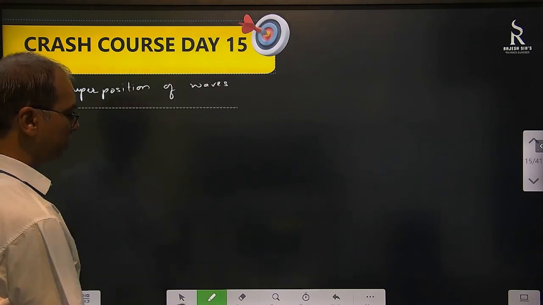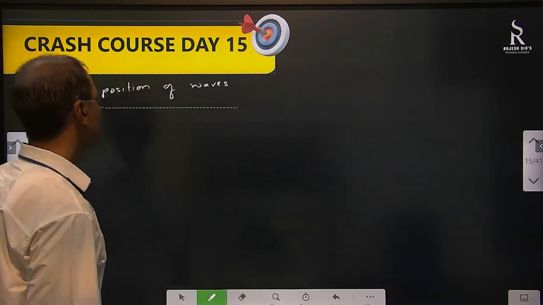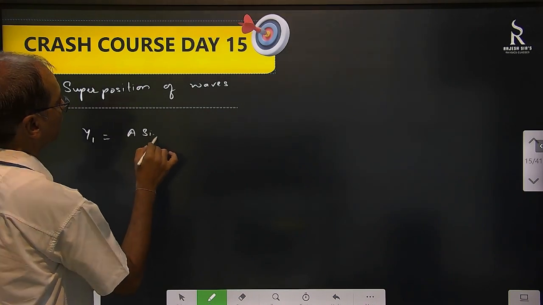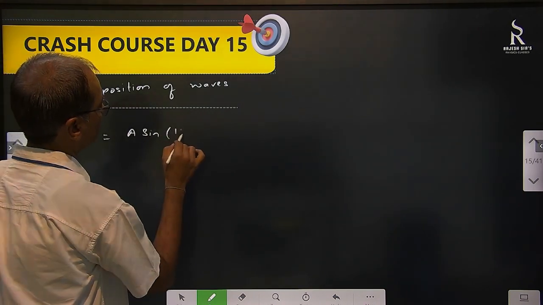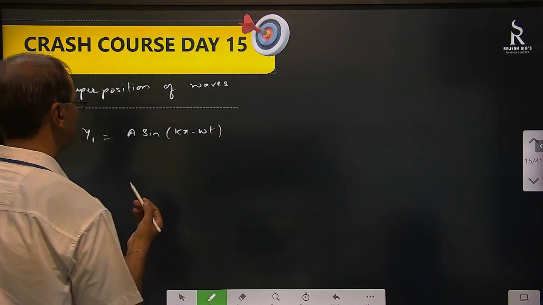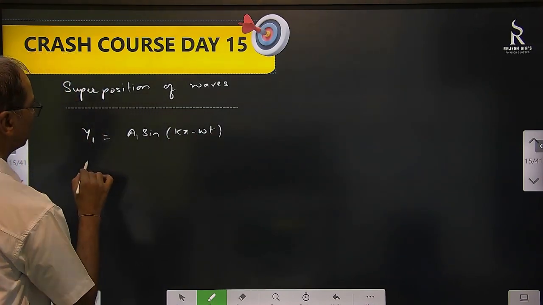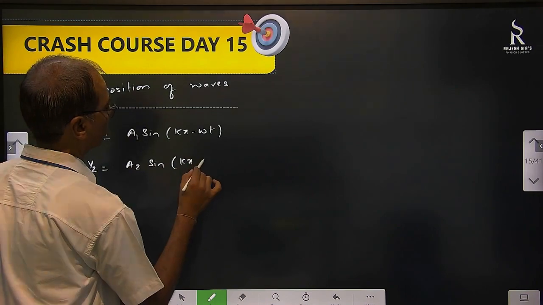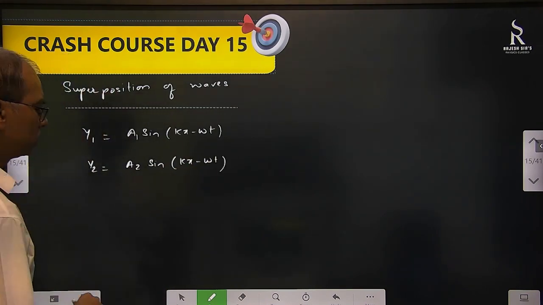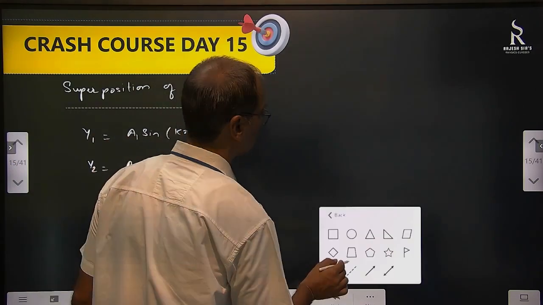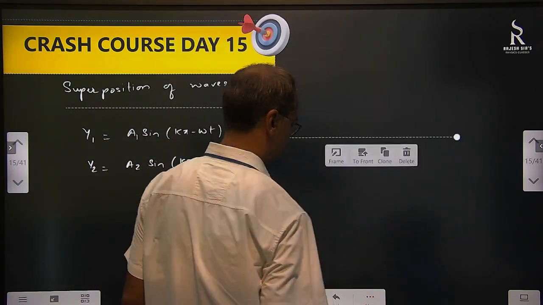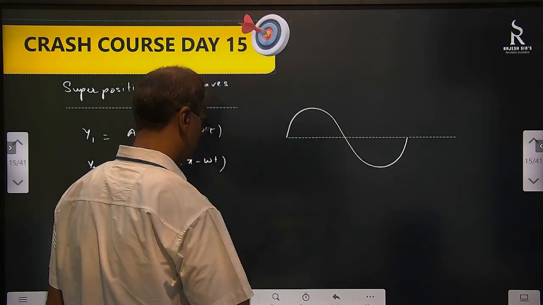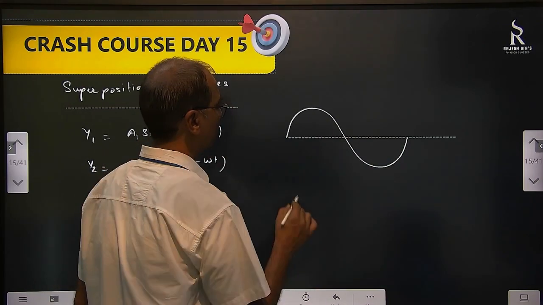Now what is the superposition of waves? Suppose we have two waves, y1 equal to a1 sine kx minus omega t, and another one also you take in the similar form, y2 equal to a2 sine kx minus omega t. So that means first wave is like this, and second wave is like this.